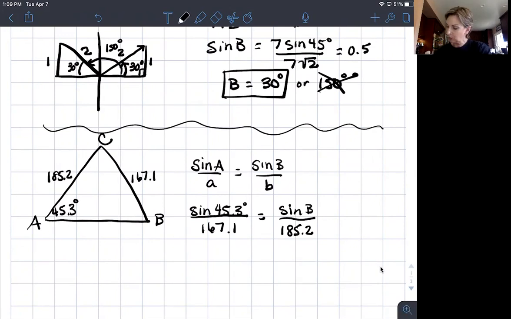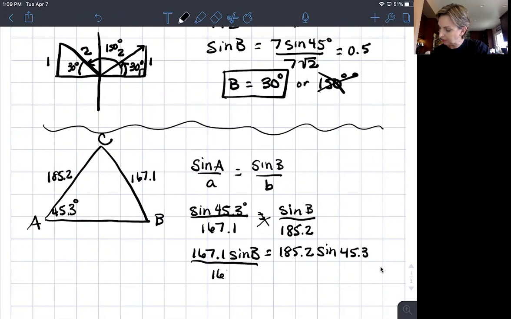We cross multiply, and we get 167.1 sine B is 185.2 sine 45.3. And then you just divide by 167.1.